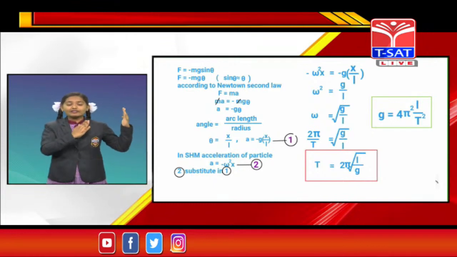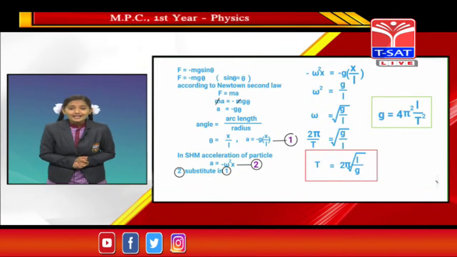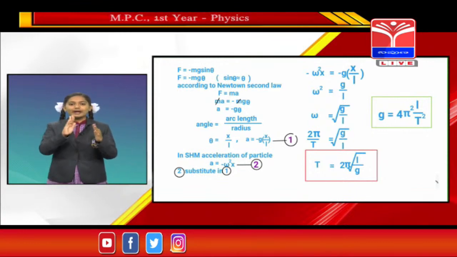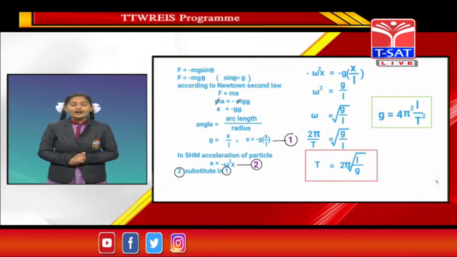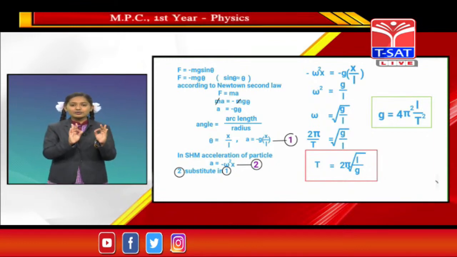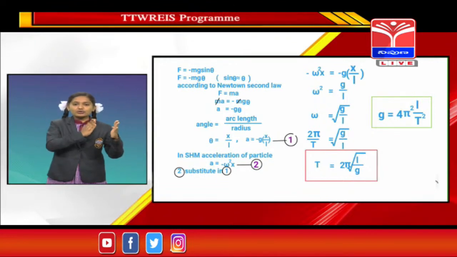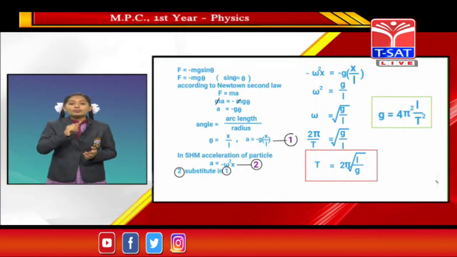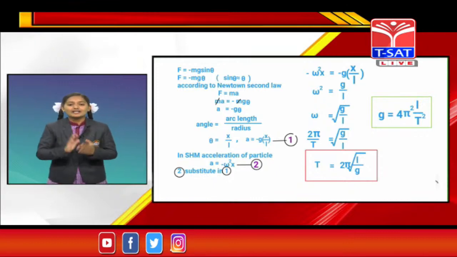From that, angular frequency omega is equal to 2 pi by T. In the place of omega, you replace 2 pi by T is equal to under root of g by L, where T is equal to 2 pi under root of L by g.